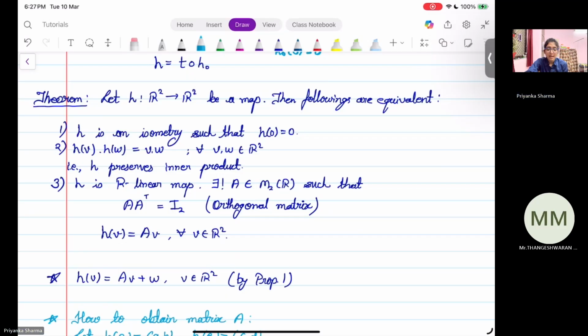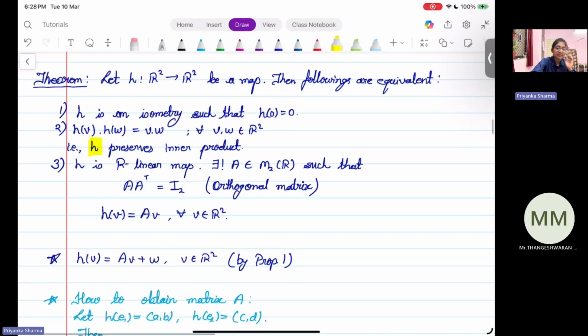H is an isometry that fixes the origin, that is H(0) is 0, if and only if H(V) · H(U) is the same as U · V for any U and V in R². That is, if the map is an isometry, then it preserves the inner product of any two elements in R².